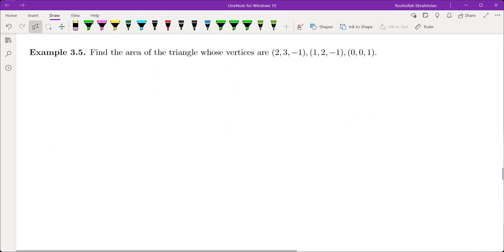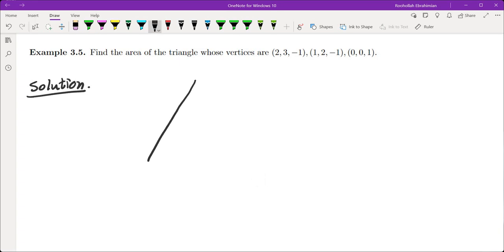So let's use that and do an example. Find the area of the triangle whose vertices are these 3 points. Okay, so in order to find the area of a triangle, we are going to use exactly what we just learned.